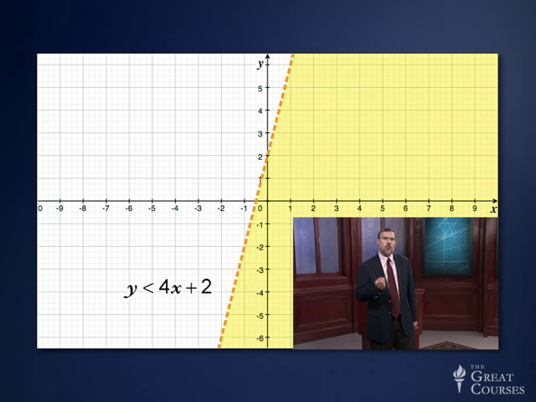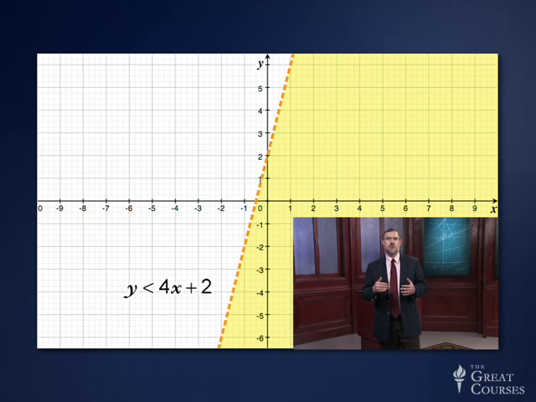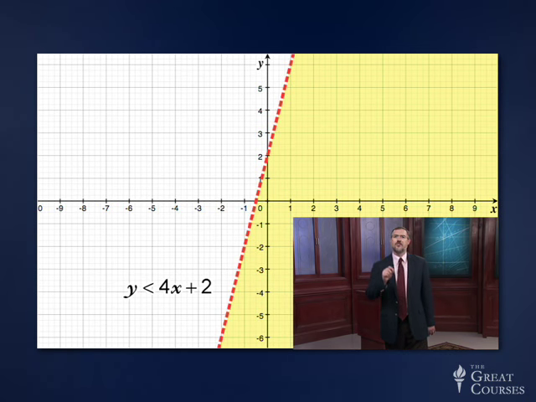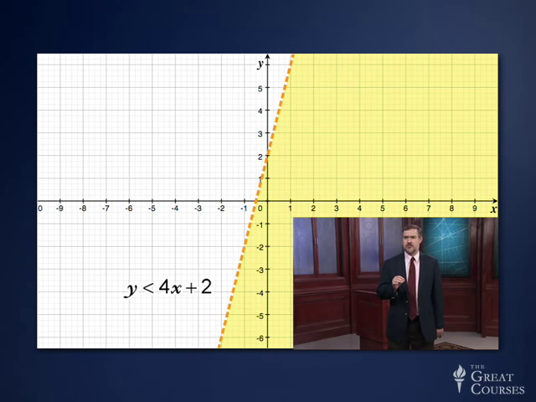Now, I need to make one subtle point that's very important about the example we just did, and then we'll move forward. When the inequality is a strict inequality, in other words, when the inequality symbol we're dealing with is strictly less than or strictly greater than, we're actually going to draw the boundary line with dashes to remind us that none of the points that live on the line are actually in the set of solutions.